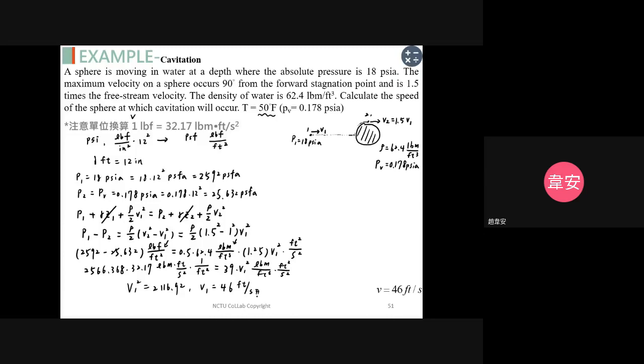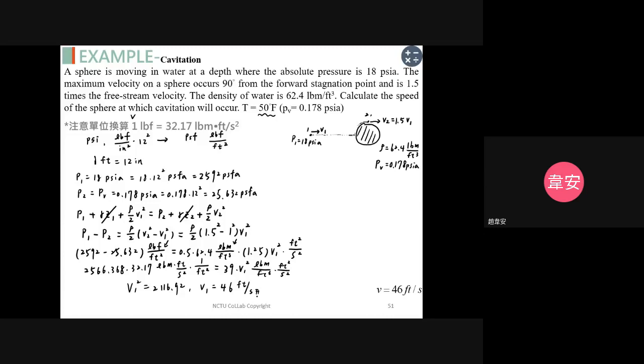Okay, so this problem is very important, and this is the problem related to predicting cavitation problems.